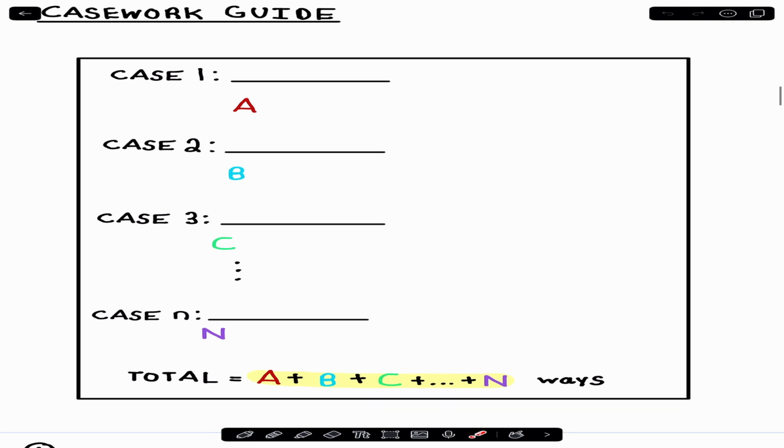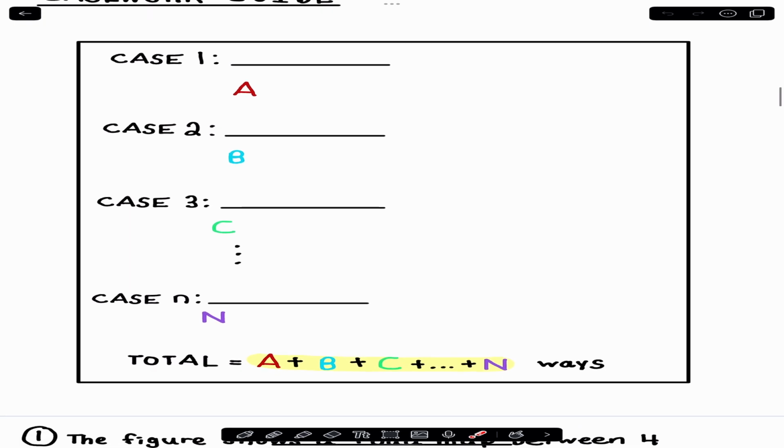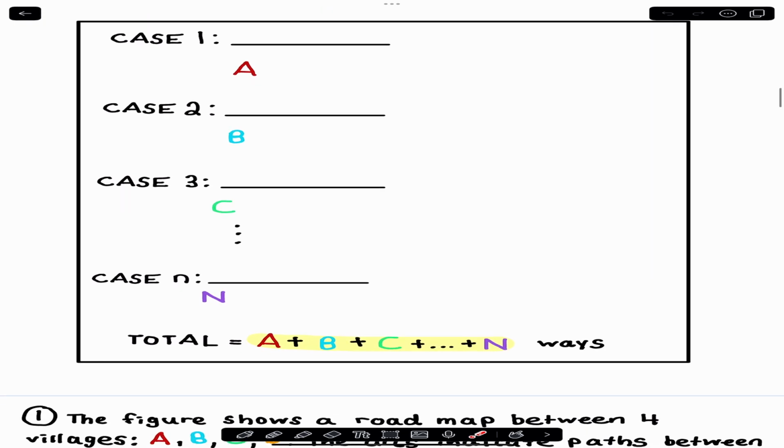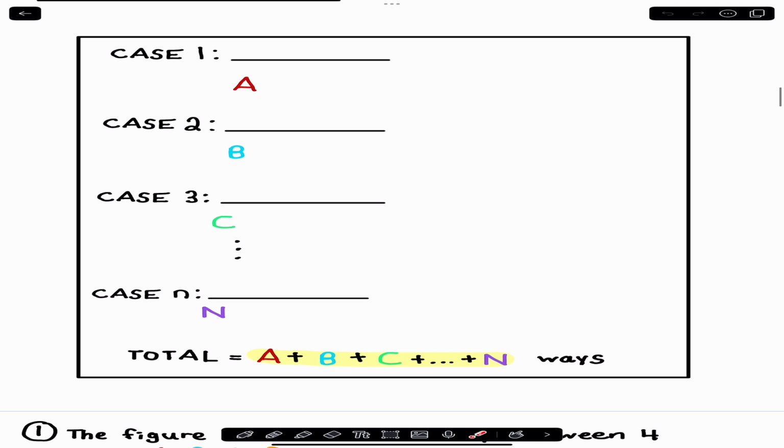You're going to do the same for case 2, this time with a different condition from case 1. You're going to get an answer of B. Okay, and you're going to repeat this for however many cases you have, all the way until the end. I wrote case N, but whether that's 3 cases, 5 cases, 10 cases, doesn't really matter.